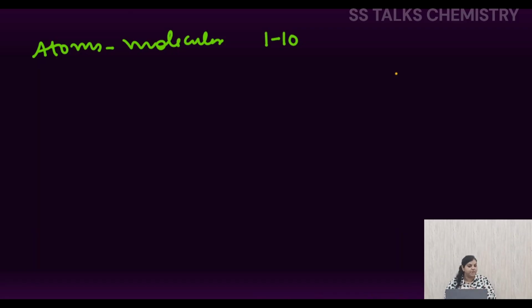In chemistry we say that atoms or molecules are the smallest particles. So how do we say that a particular species is an atom or a molecule, and how do they form nanomaterials? You call it an atom or a molecule if 1 to 10 atoms are present in it.